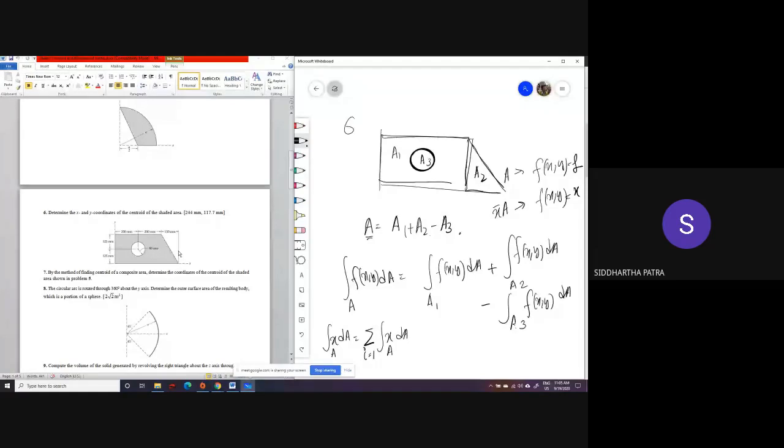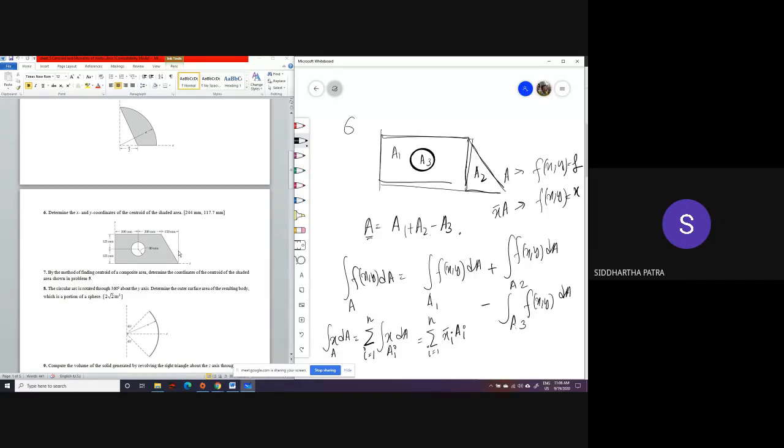I'm assuming that all signs are plus. If it is minus, just think of dA as negative. So i equals 1 to n, integration x dA over Ai, which is basically x bar i times Ai, where x bar i is the centroid of Ai.